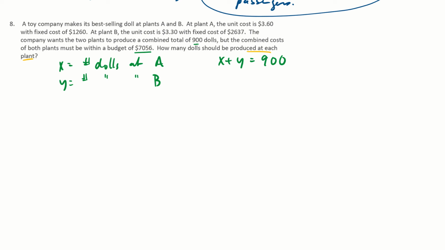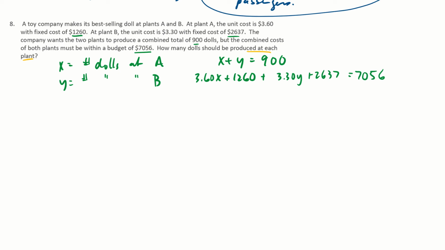Well, at plant A, it's 360 X plus 1260, right, the fixed cost. And then at plant B, it's going to be 330 Y plus 2637, and that's going to be 7056.